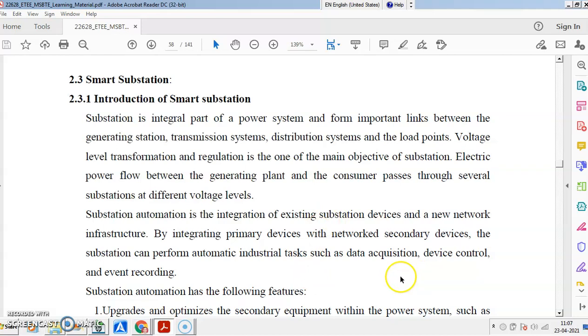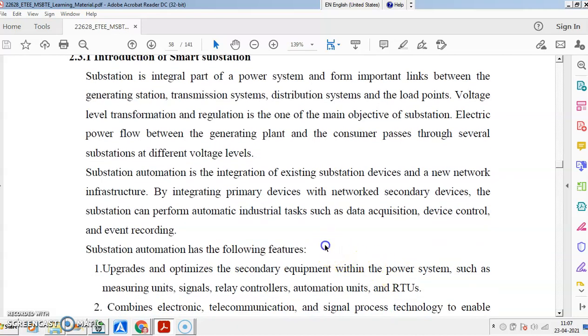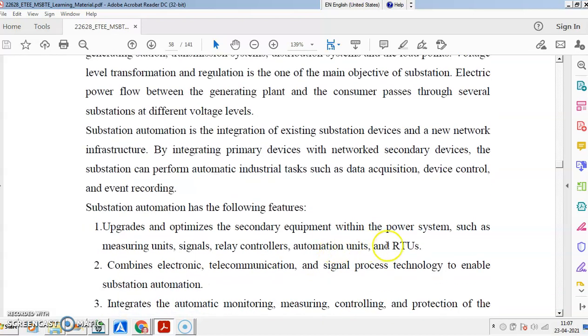So substation upgradation, or substation automation, or smart substation, what do we need to do? In substation automation, there is upgradation and optimization of secondary equipment associated with the smart grid. These secondary equipment, along with power system equipment such as measuring units, signals, relaying controls, automation units and remote terminal units, that is RTUs, are provided.